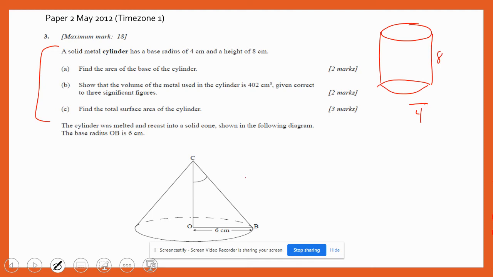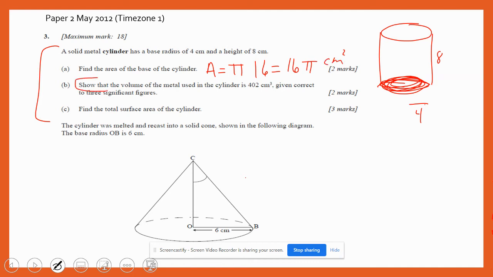So the area of the base is just asking for that circle there on the bottom. So that'd be pi r squared. So pi times 4 squared. And I'm not going to multiply that out for you. I'm just going to leave it like that.